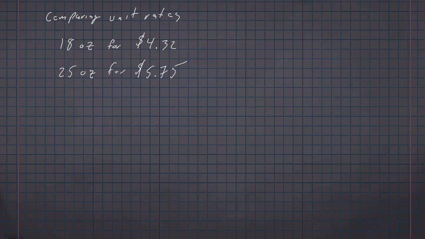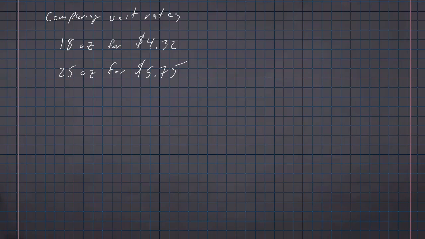You can work through and find the unit rate as a nice way of determining which of these two bottles is going to give you the better value, which one is going to be the better purchase. Conventional wisdom tells you that the largest bottle is always the best value. And while that is often true, it's not always true. So understanding how to do this calculation can certainly be important.